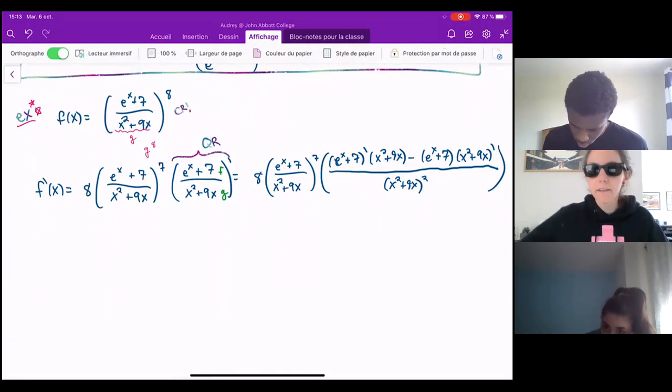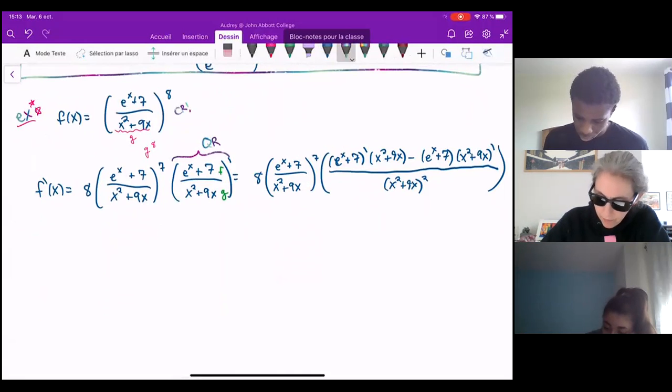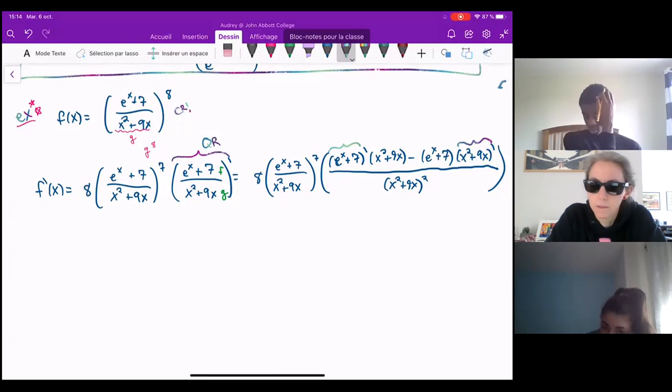Do I have some primes left? Yep, I've got 2 of them. So I have 2 things, 2 derivatives I need to take, and I ask myself, e to the x plus 7, product rule, quotient rule, chain rule, none. None, you got it.